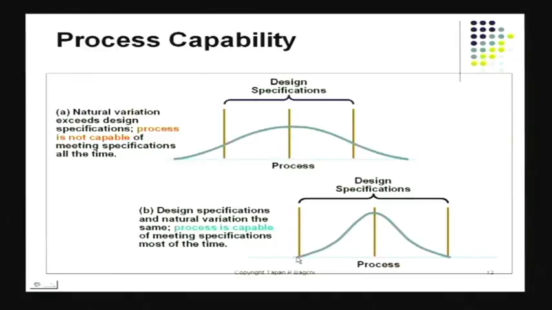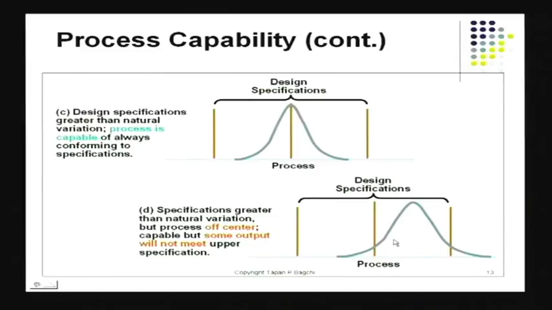And if a process fits exactly within, we say the process is capable. It has a Cp at least equal to 1. Hopefully, it should have a Cp that is more than 1. More than 1 is always better, and certainly below 1 is not acceptable.